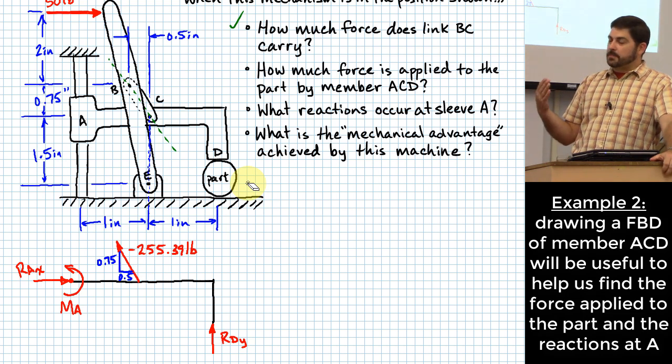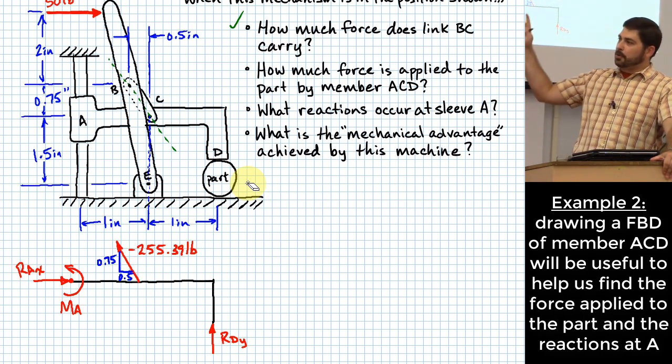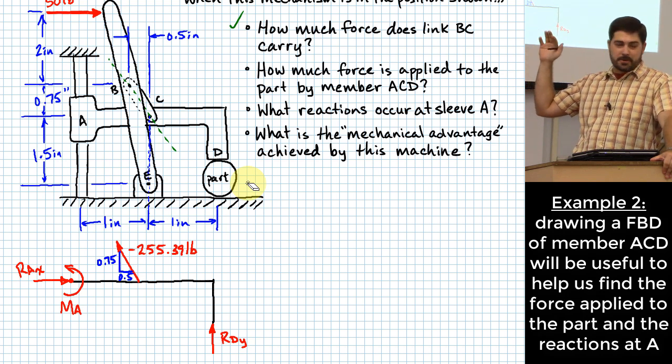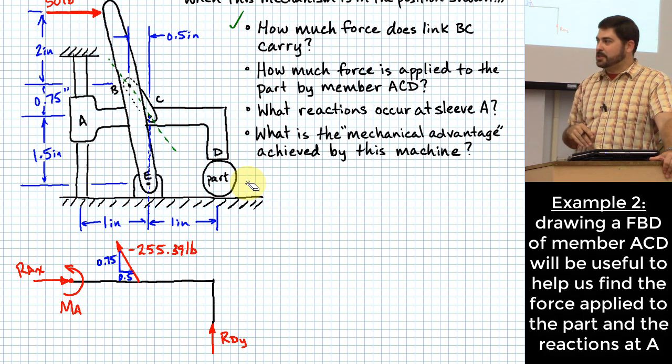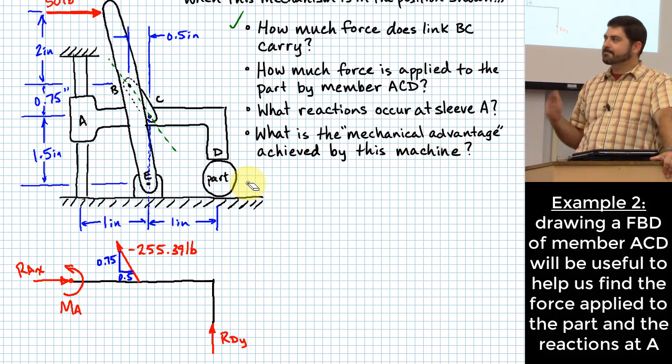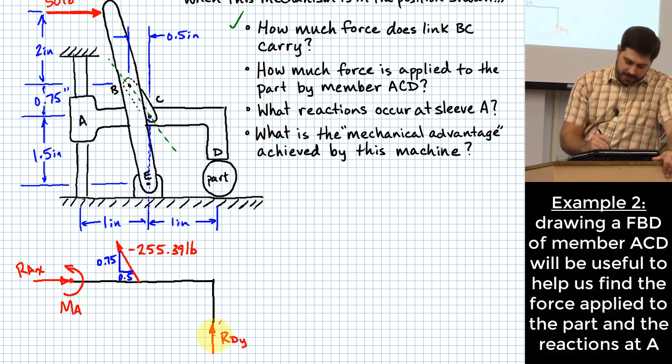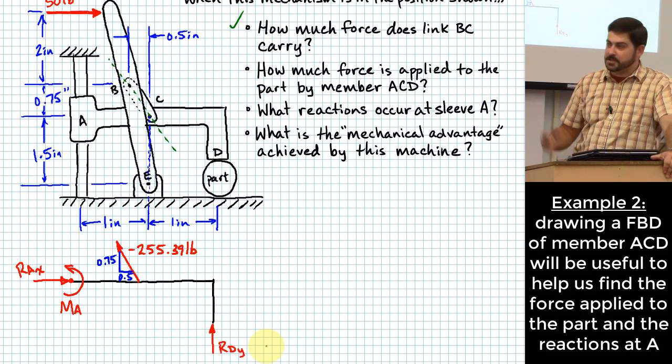Anyway, sometimes things like that are really good ideas to think through if you're dealing with a real-world problem, and they're not so good ideas to think through if you're trying to reach a particular answer in the back of a book. Does that make sense? So we're going to just keep it with RDY, but I will acknowledge that having another force is possible if you had different conditions than this.